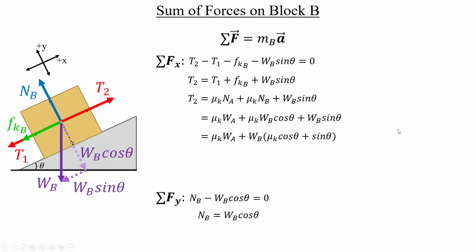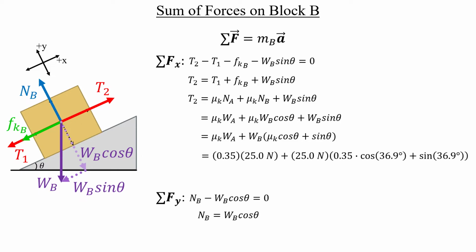And we know what all these quantities are as well, so let's plug and chug and see what pops out. Looks like it was definitely the right move to label the tensions differently, because this one is much bigger than tension 1. Now, this value is going to play directly into the weight of block C, as we'll see next.